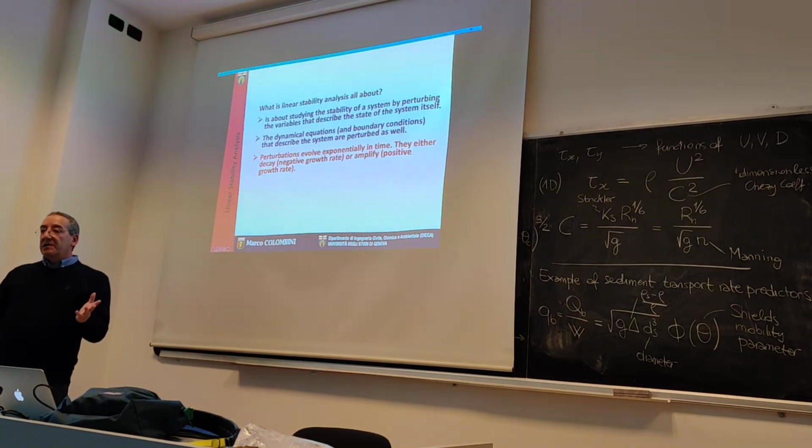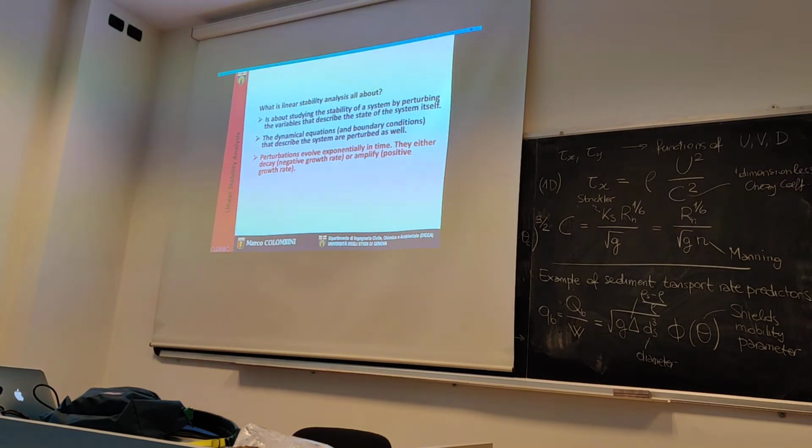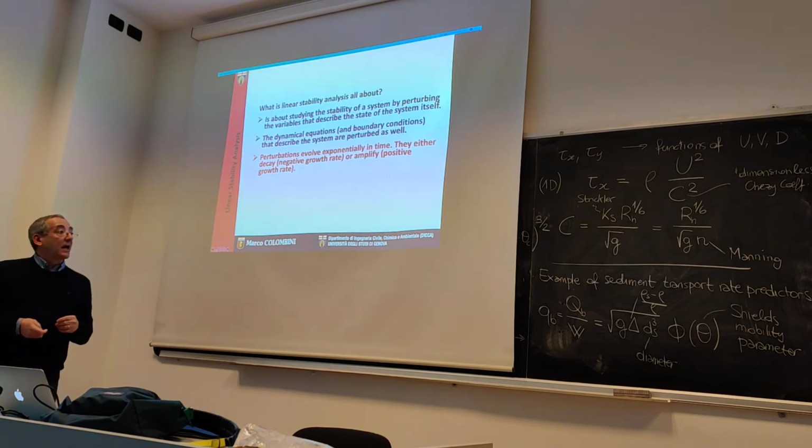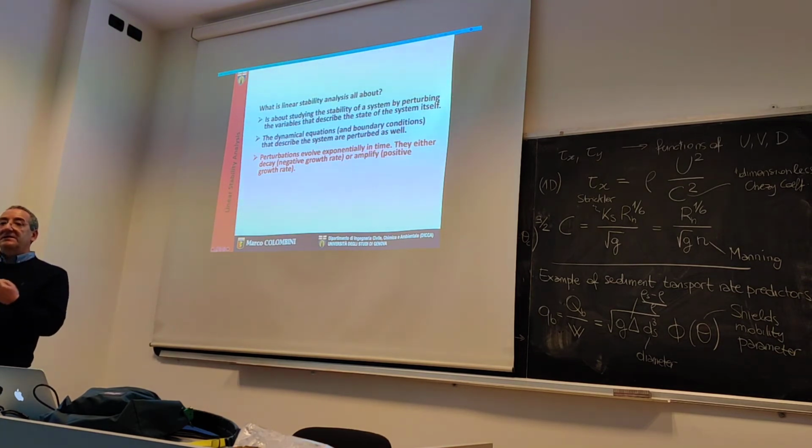A diagram which describes the characteristic parameters of some problem and tells you, in this part of the space of the parameters, you should observe dunes, here anti-dunes, here alternate bars, here ripples, and so on. These kinds of regime diagrams are very important in practice, and linear stability is the only way to have information of that kind based on theory, on the solution of the equations.